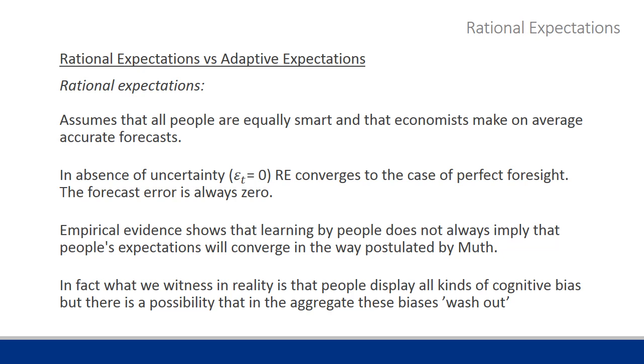So even where the expected value of two exchanges is equivalent, we will always choose the one that promises a gain over a loss, despite the expected values being the same. And so these biases are not really accounted for by Muth. But you could say that in the aggregate, these biases wash out, so there is something to be said about that.